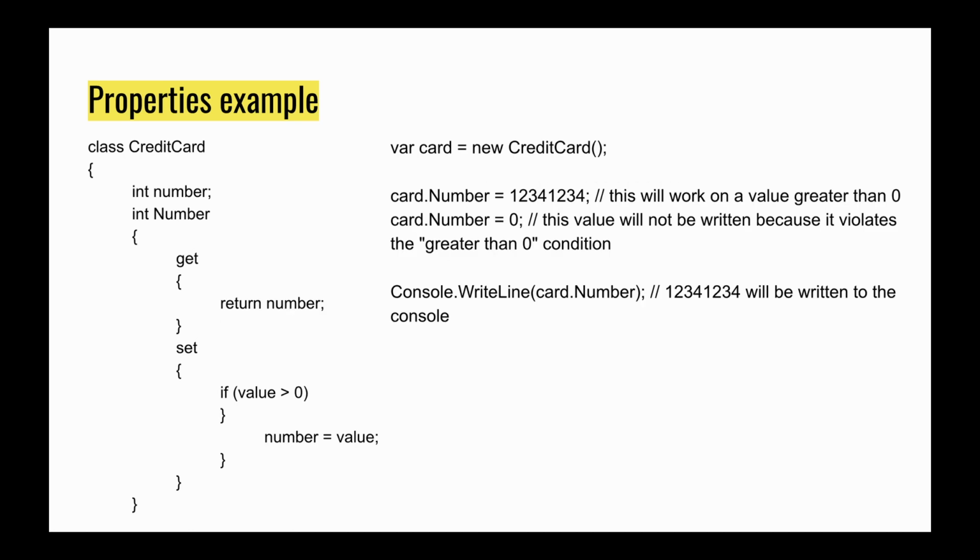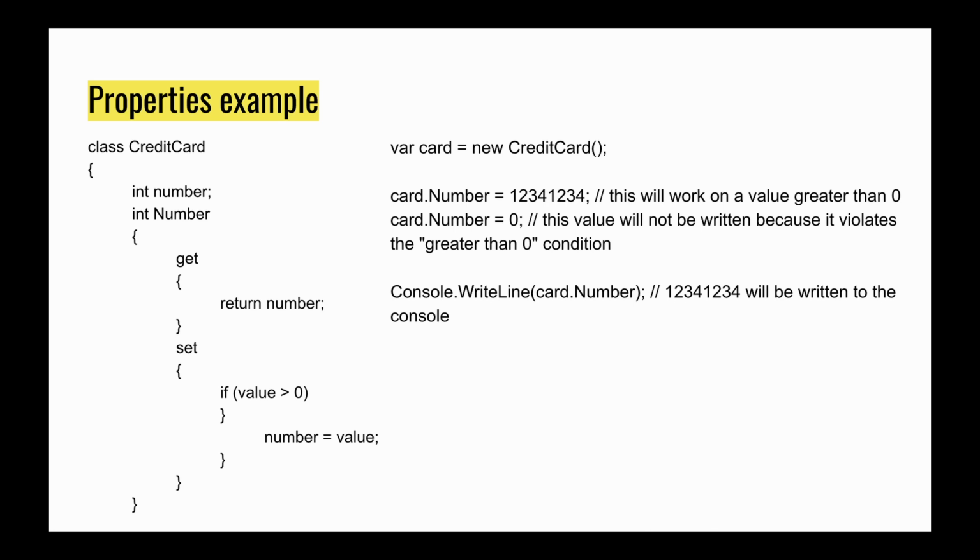Perhaps the question may arise, why do we need properties when we can get value with regular class fields in this situation? But properties allow you to embed additional logic that may be needed when setting or getting a value. For example, we need to add some card number field verification before setting it.